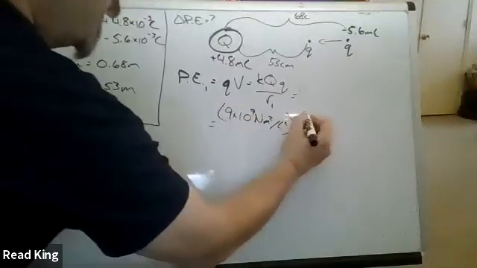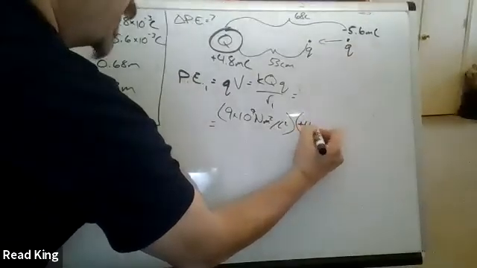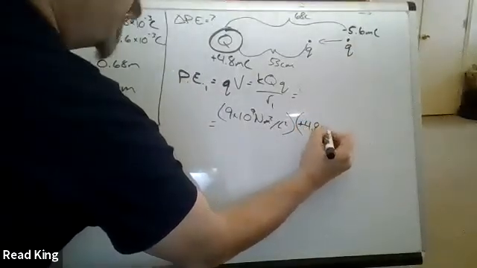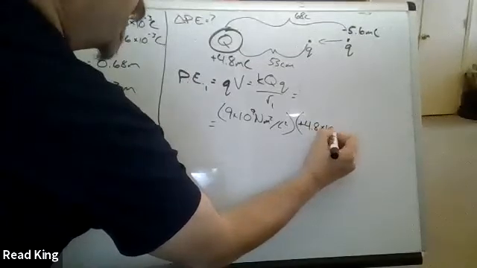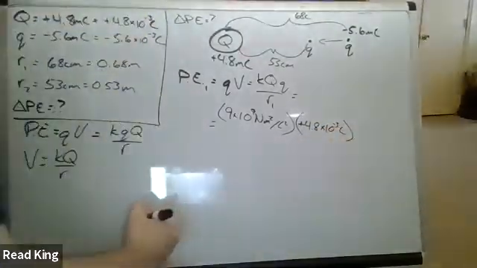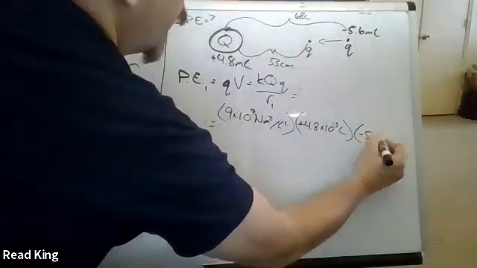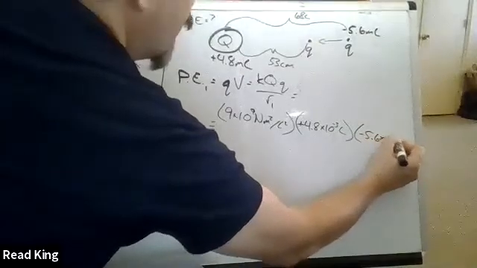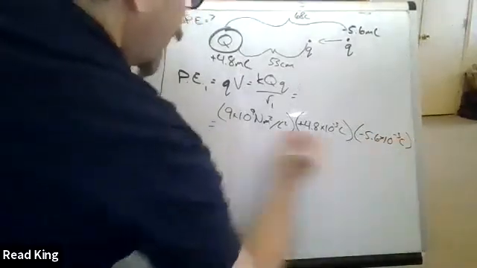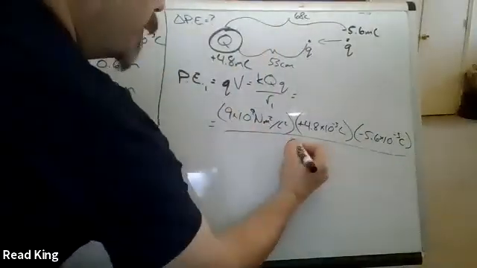That's K. Big Q is plus 4.8. I'm going to put that explicitly in there so I know I've written a positive charge. I highly recommend you do the same on your test or problems you work. Little q is minus 5.6 times 10 to the minus 3 coulombs, divided by R1, which is 0.68 meters.